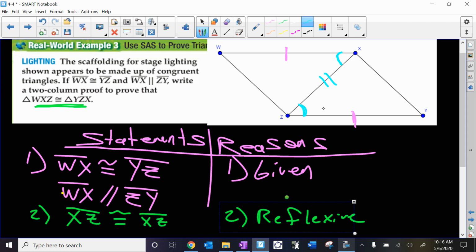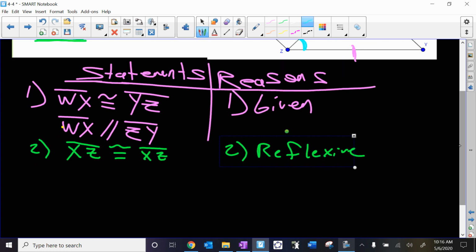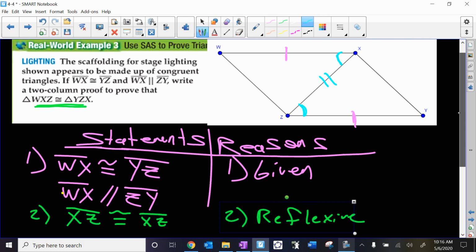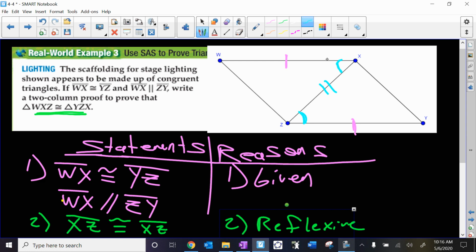So we're going to say then that this angle measure is YZX. Angle YZX is going to be congruent to angle WXZ.